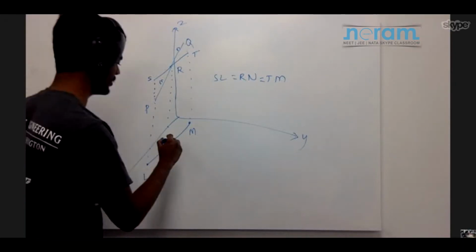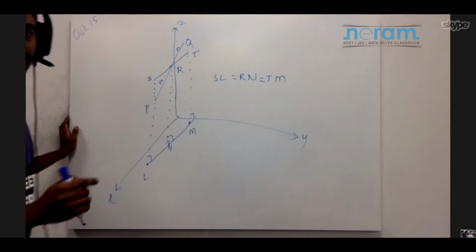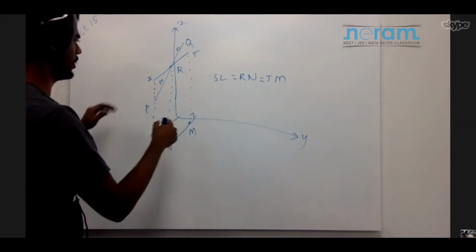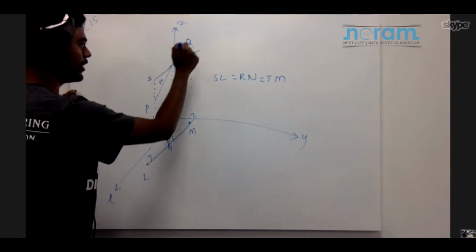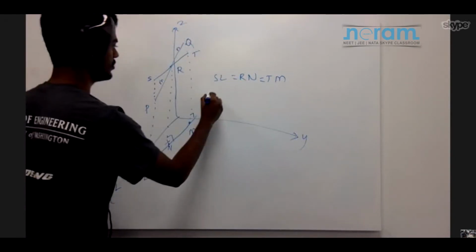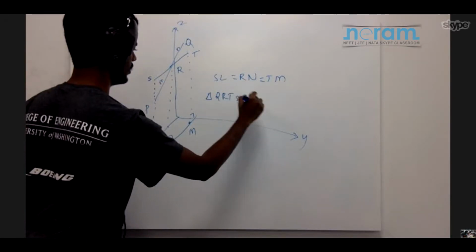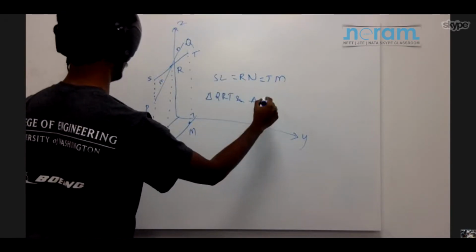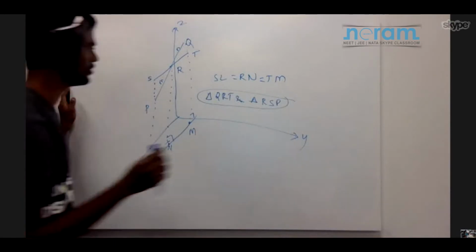And this is also perpendicular, all three lines are perpendicular to the xy plane. And one more thing to remember: these two triangles, triangle QRT and triangle RSP, are both similar triangles.